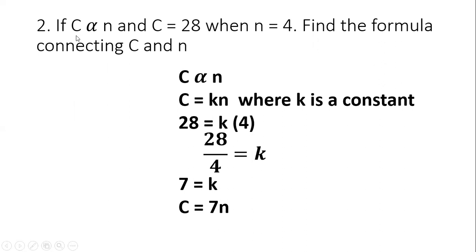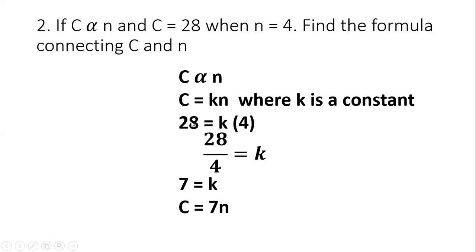If C varies directly as N, and C equals 28 when N is 4, find the formula connecting C and N. C varies directly as N, so C equals KN, where K is a constant.